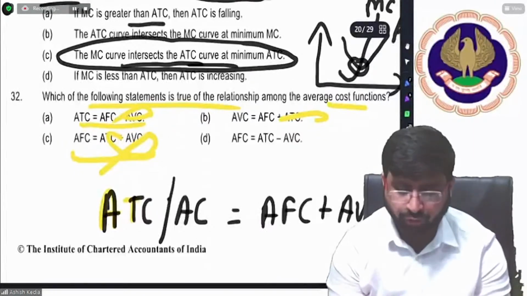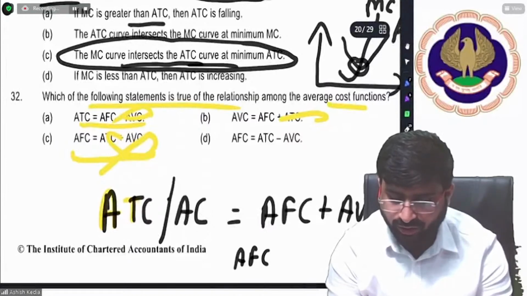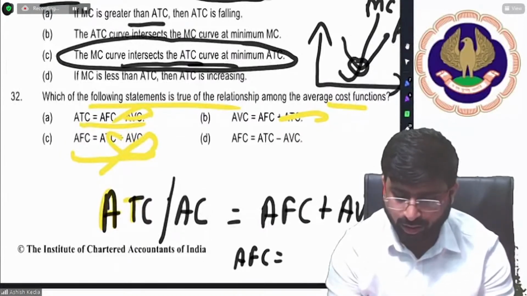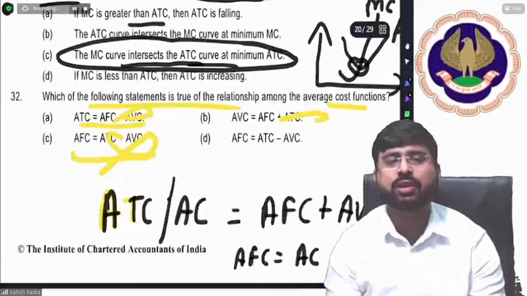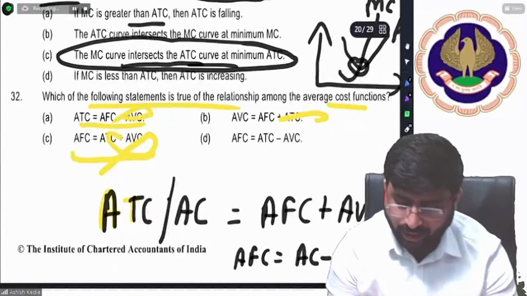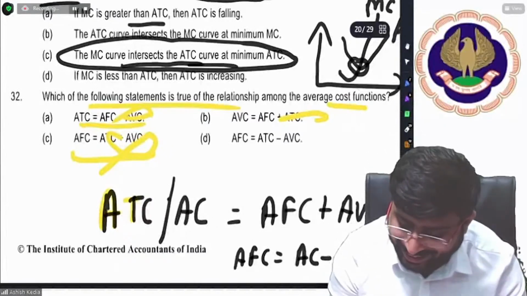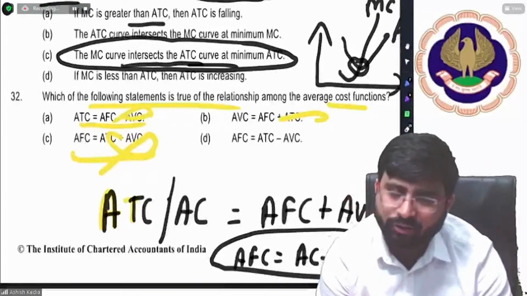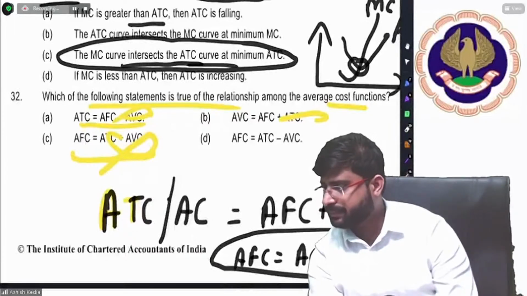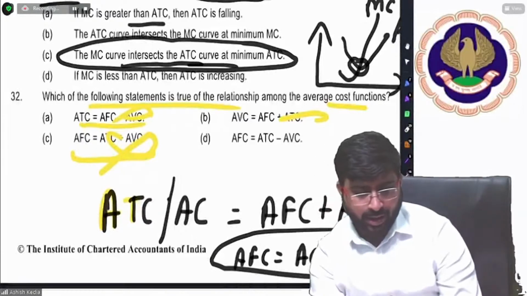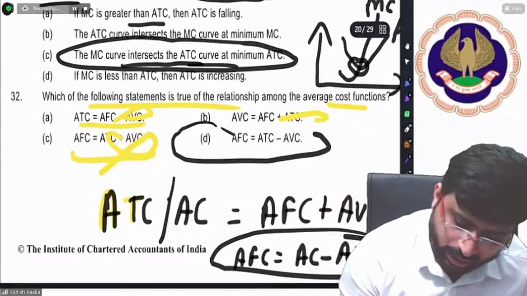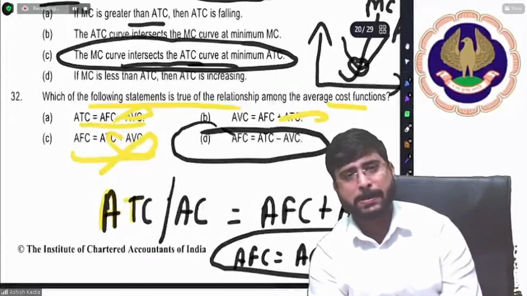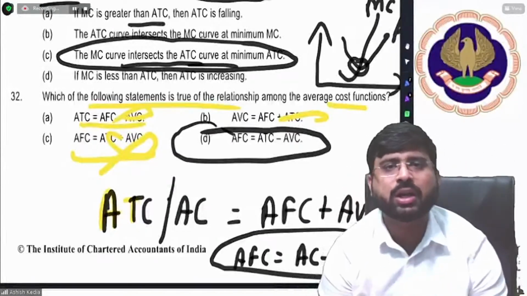So obviously, if you move average variable cost to the other side, it automatically becomes average fixed cost equals average cost minus average variable cost. And hence 32D would be our answer.